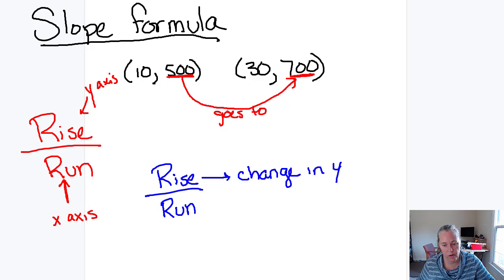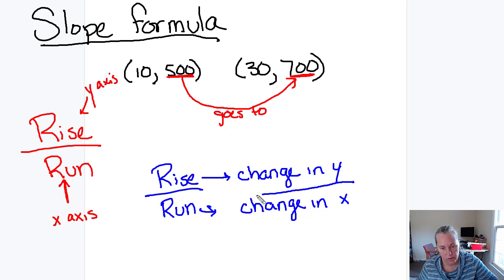And we could call run change in x, because it's how much it changes. So instead of saying rise over run, we could say change in y over change in x. X starts at 10 and it goes to 30. So how much did it change?